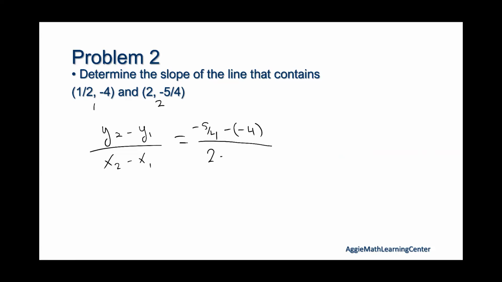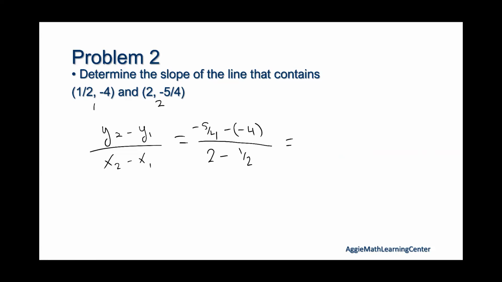Good. All right, so I'm just going to assign this to be point 1 and this to be point 2. So our little formula is y2 minus y1 over x2 minus x1, which is going to give us negative 5/4 minus negative 4 over 2 minus 1/2. Okay, so we're going to end up with two fractions over one another.